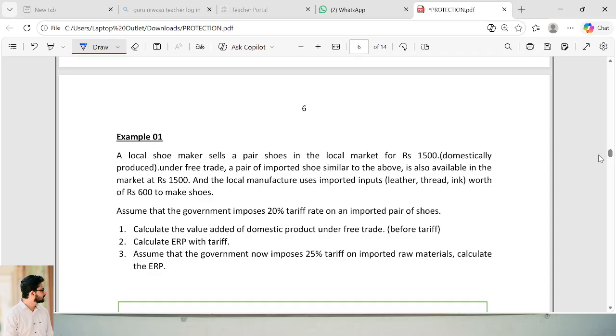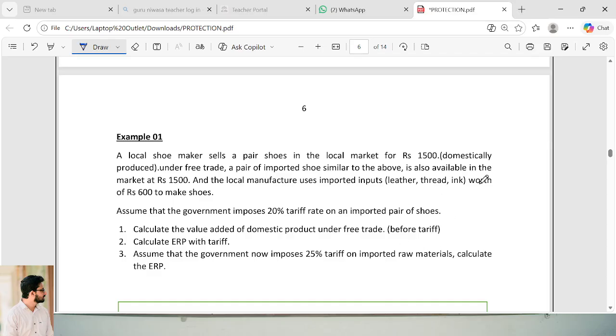Then we believe that if I explain this point using this example or this calculation, students will understand the point mostly. So don't say, sir, you could have included this point.